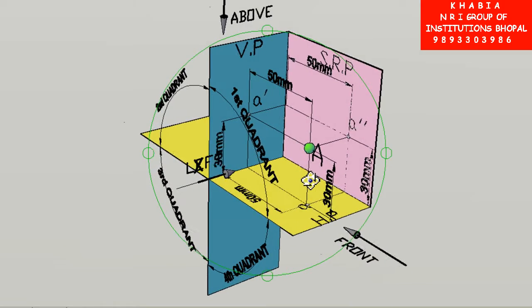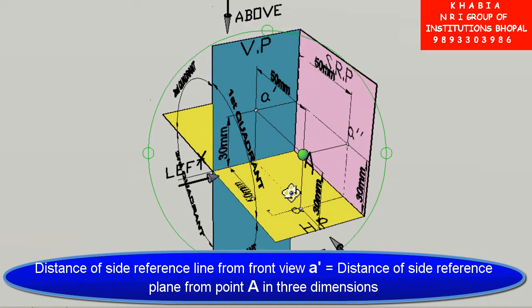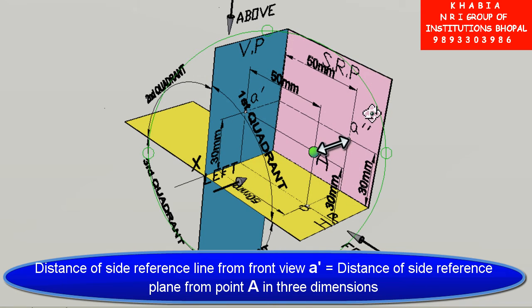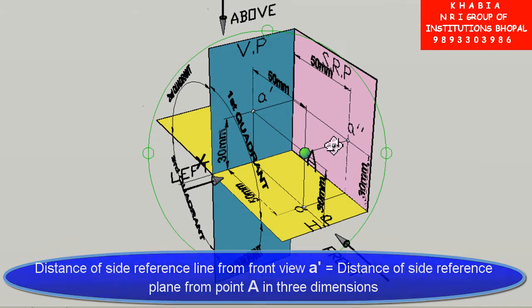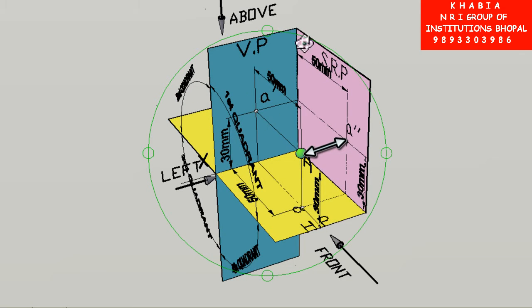If you look at this 3D model carefully, then you see that the distance of the side reference line x1, y1 from the front view A dash is equal to the distance between the side reference plane and point A. Since in the question the distance of point A from the side reference plane is not given, we will take the distance of the side reference line x1, y1 from the front view A dash, any convenient distance.